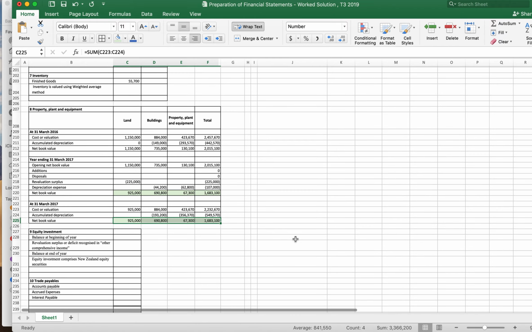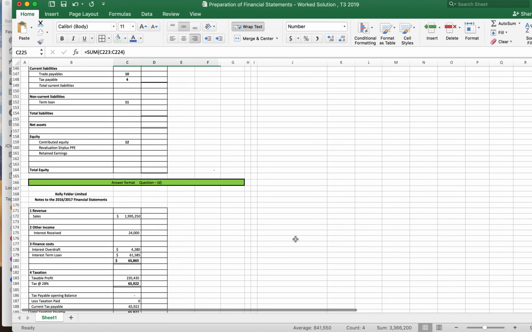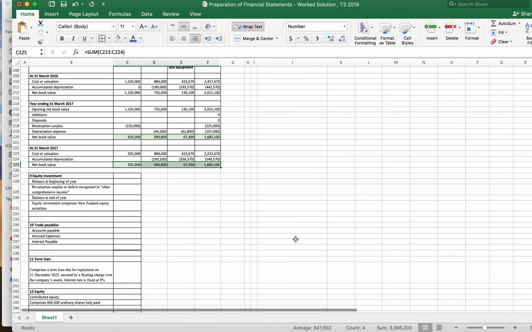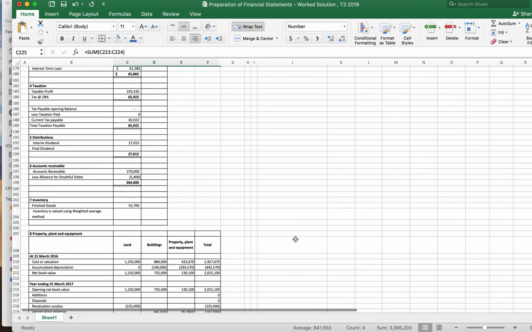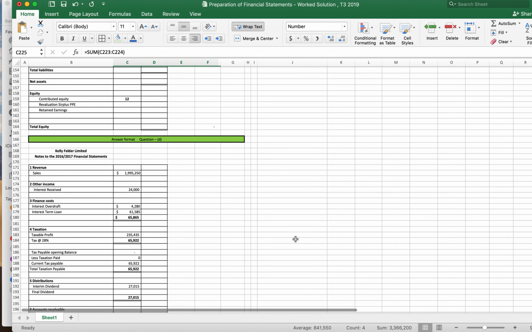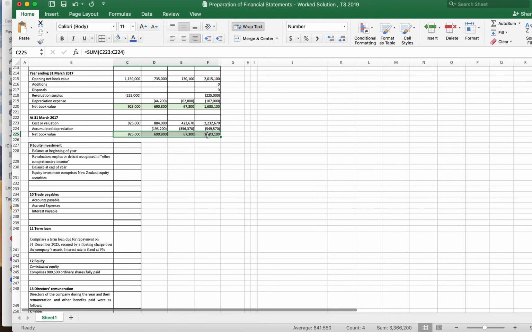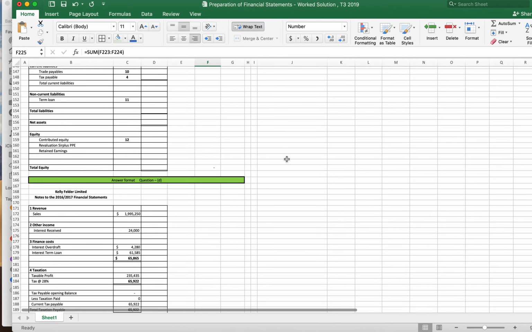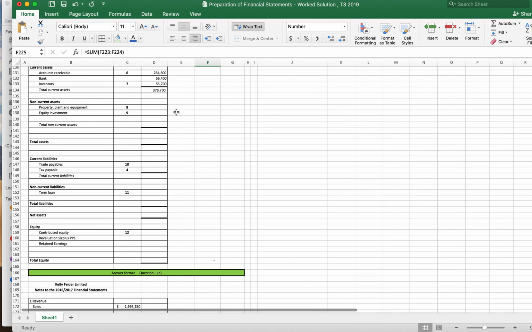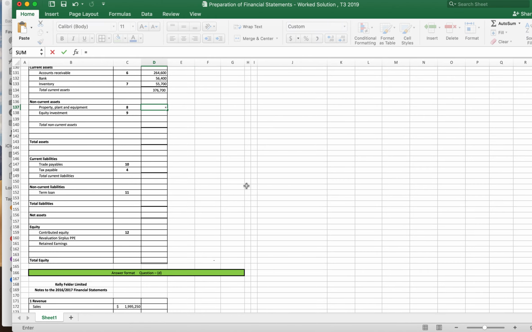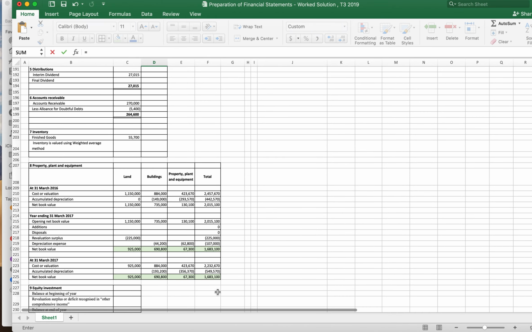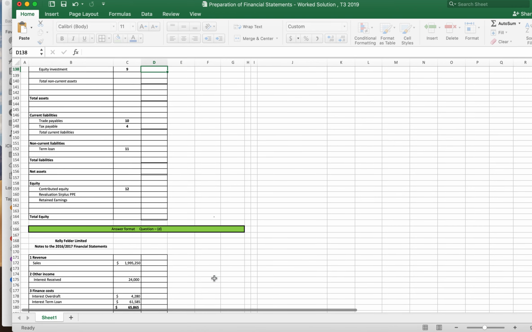Right, so that's done. Now with the fixed assets, book value, plant and equipment, there's only a total anyway, which should be that figure there. Let's check plant and equipment equals, we can go to note 8, and there it is.